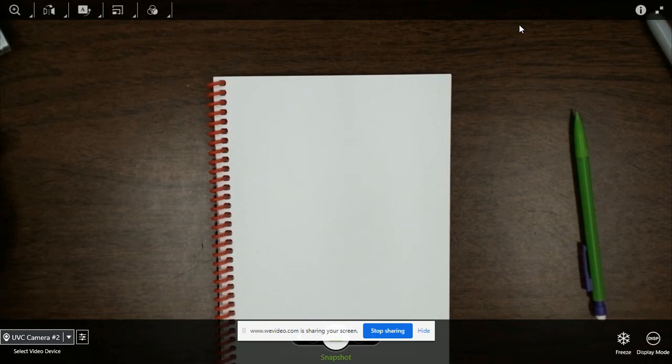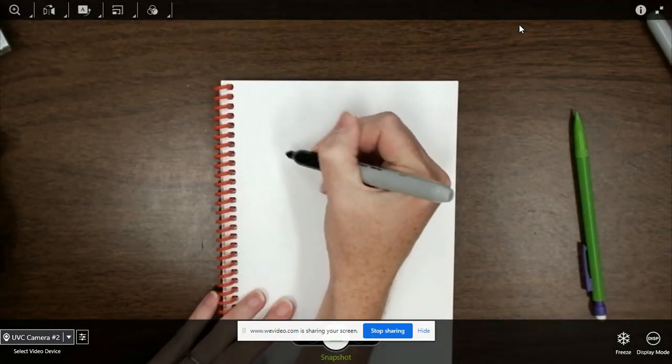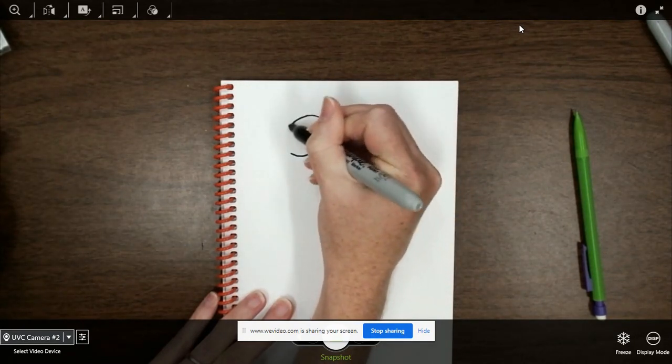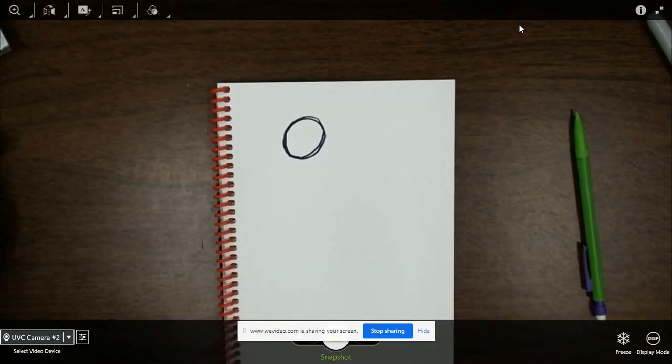A circle is just a loopy line that goes all the way around. Circles are pretty easy. What's not easy is getting perfectly circular, but this is just practice, and the more we practice, the better we'll get at it.